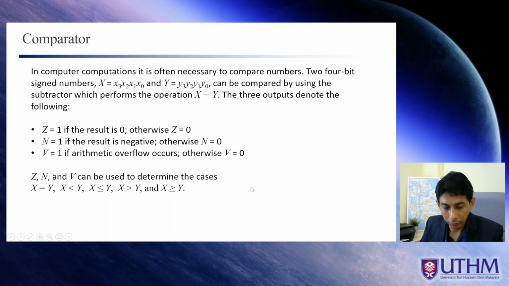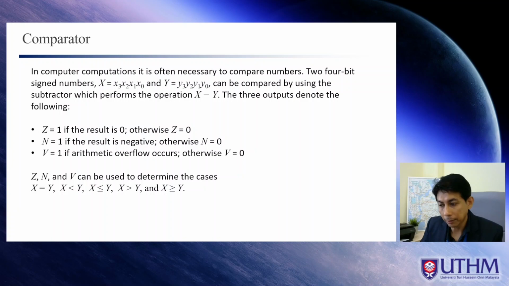All right, so if no question, we move to the next circuit, which is the comparator. The comparator is very important in the digital system, where we always compare numbers. Remember, if you program in your computer, you do comparison a lot.